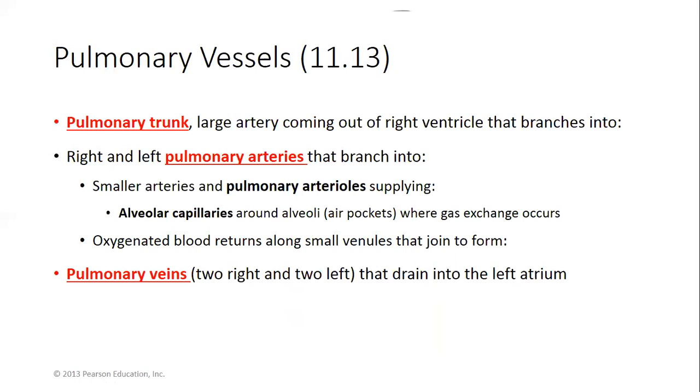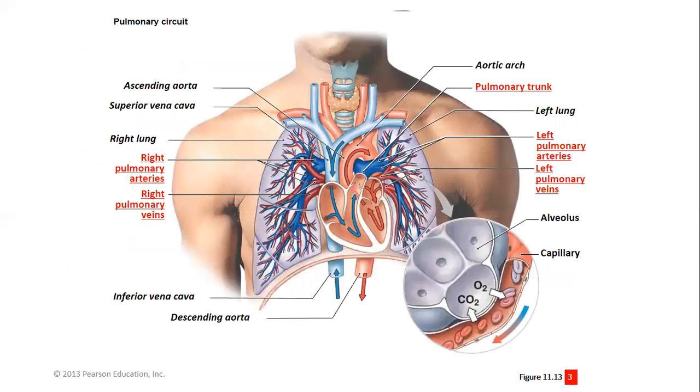And where oxygen gets picked up, pulmonary veins carry that oxygenated blood. There's 2 on the right side and 2 on the left side back into the left atrium. So take a look here. Right here's the right ventricle. So the pulmonary trunk splits to a right and a left pulmonary artery and sends deoxygenated blood to the lungs to be picked up.